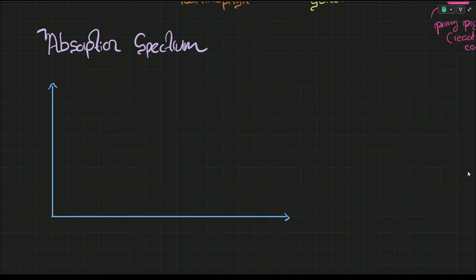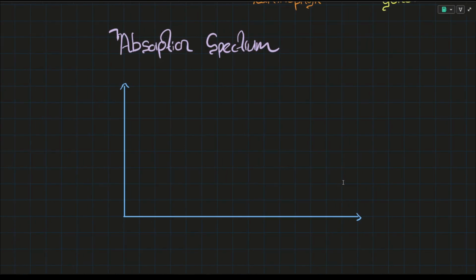And typically what is given to you is something known as an absorption spectrum, or an absorption graph. This is simply a graph of all the pigments that absorb light and at what wavelength. On the y-axis, we have the amount of light absorbed.